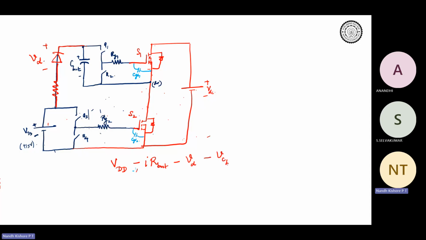the bootstrap capacitance, which is VC boot. We have come to VC boot and then minus V switching node and then back to 0, when S2 is on.